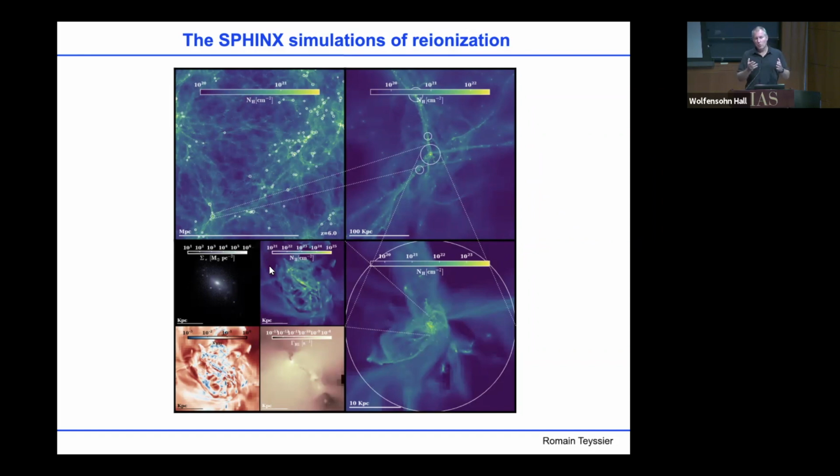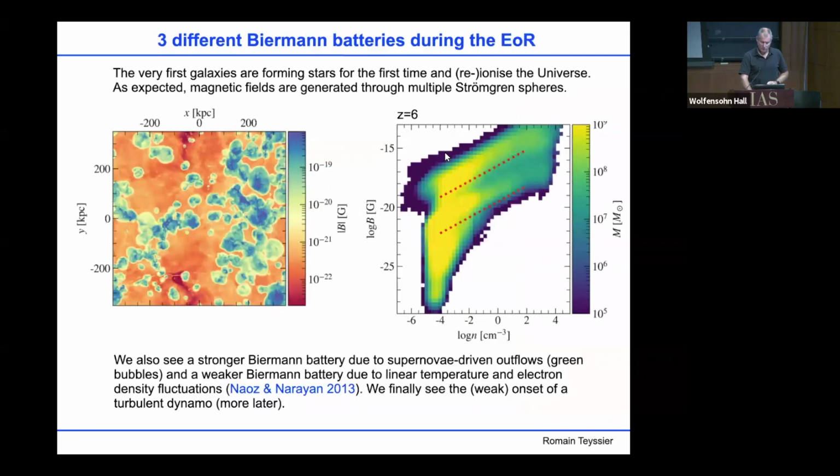And so that's the overall goal of the Sphinx project, to resolve the interior structure and the turbulent interstellar medium inside the galaxy while having a relatively realistic cosmological environment. And so thanks to that, we can study the epoch of reionization, looking at how the early dwarf galaxies form stars, and then shine UV light and will reionize the universe around them. Okay, so what we did, so it's a very big project with many collaborators, and we focused on the Biermann battery. We said, okay, let's run those simulations, focusing now on the Biermann battery. Okay, so what do we get?